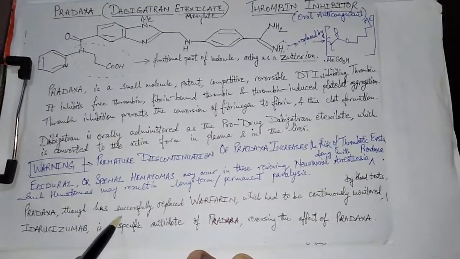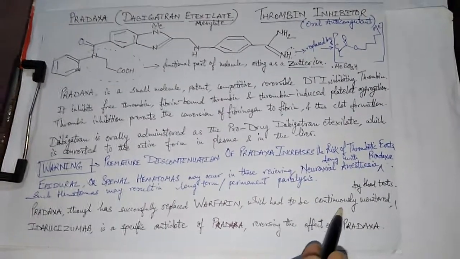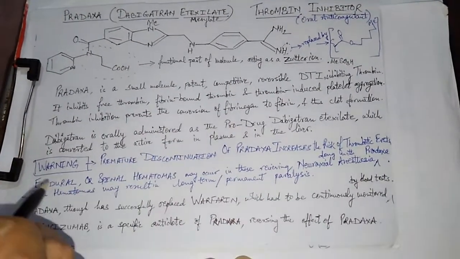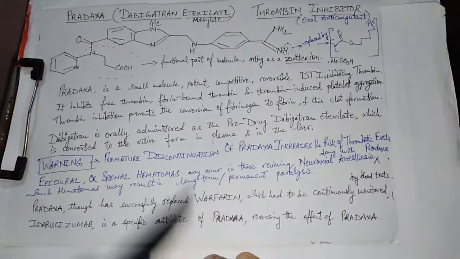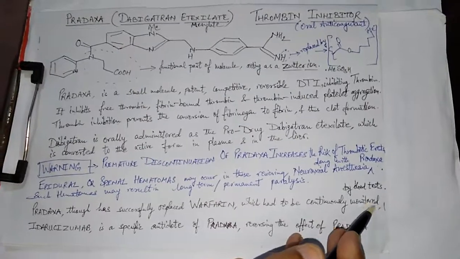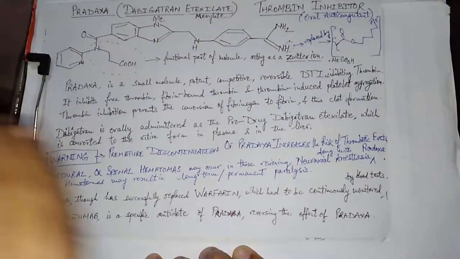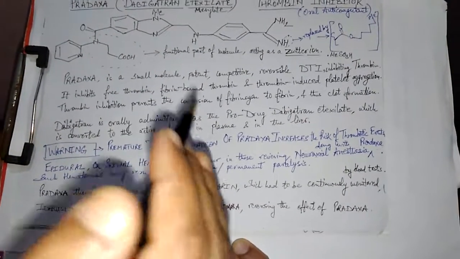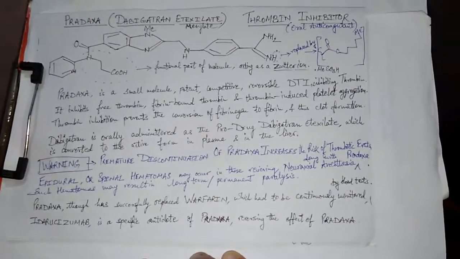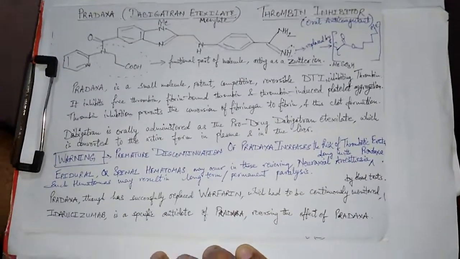Now, Pradaxa, though, has successfully replaced warfarin, which had to be continuously monitored by blood tests. Now, warfarin had a disadvantage that it had to be continuously monitored by blood tests, because if the dosage would exceed the safety limit, it could have resulted in severe side effects, even life-threatening effects by warfarin.